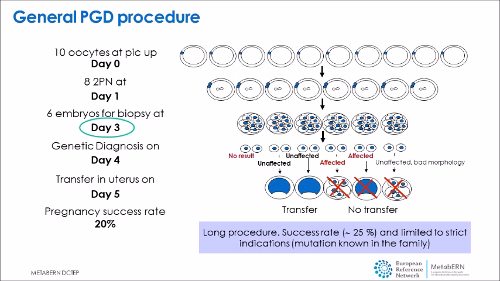After extraction of one cell and DNA analysis for genetic diagnosis on day 4, in our diagram you see that one embryo has no result, one is affected and can't be transferred to the uterus, and one is unaffected but has a bad morphology and also can't be transferred. So in total only 2 embryos are unaffected and can be transferred into the maternal uterus on day 5. So the pregnancy success rate of this procedure is estimated to be 20–25%.